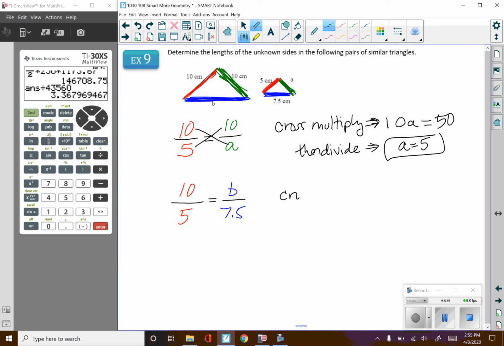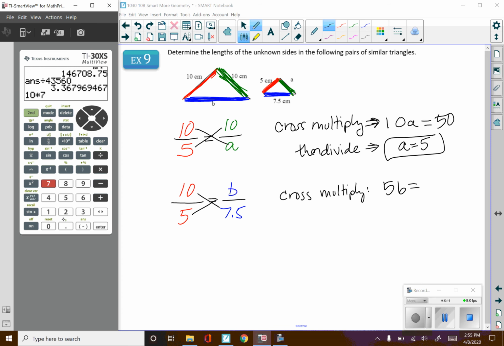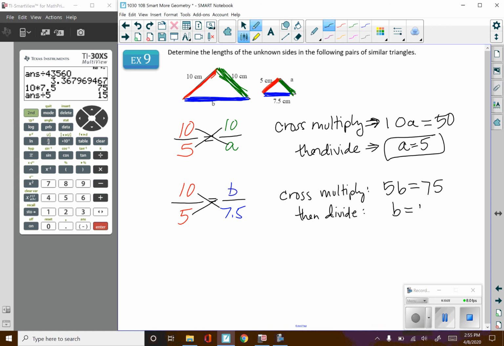We cross multiply to get 5B is equal to 10 times 7.5 is 75. Throw it in your calculator if you're not sure, and then divide. So we divide by 5 to get 15.